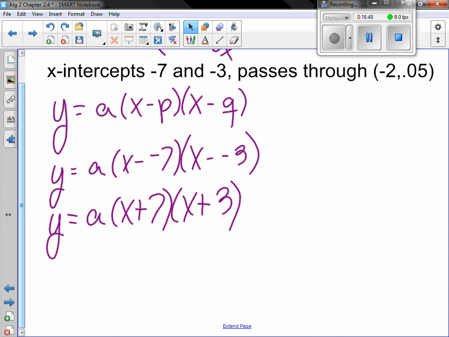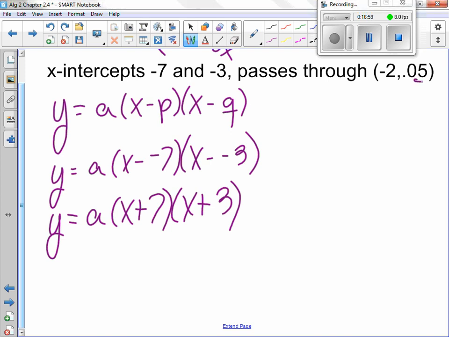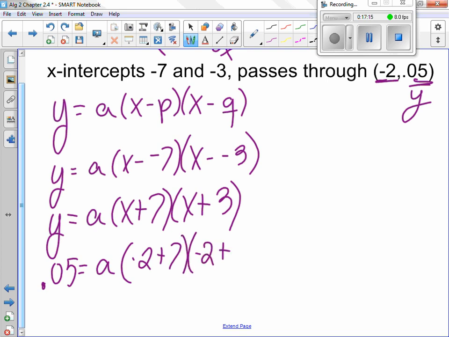So it's the variable that we're missing from this here. A, yes? So again, just like what we did with the previous ones, we're going to use that point to find the value of A. So we're going to plug the 0.5 in for y. So we have 0.5 is our y equals A times the x value, so -2 plus 7, -2 plus 3.